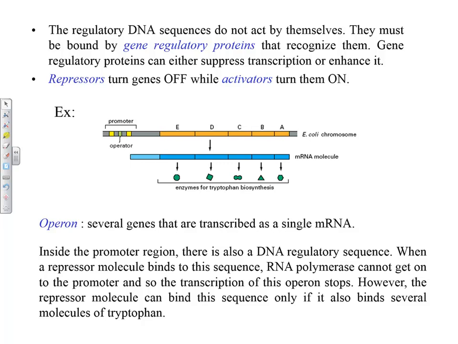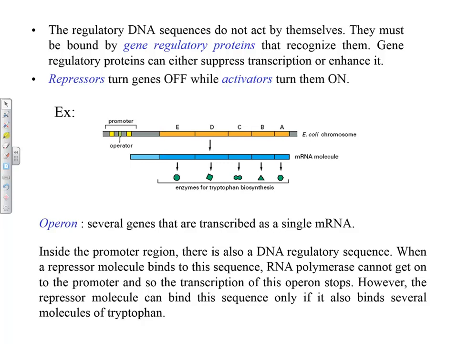On one side you put something in, the shape changes, and the behavior at the other side is altered. So this repressor is an allosteric protein: once it's bound by tryptophan, its shape changes, and then it latches onto this gene regulatory sequence. RNA polymerase cannot get on, and tryptophan synthesis stops.